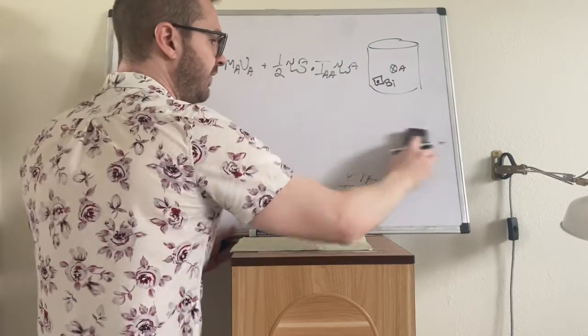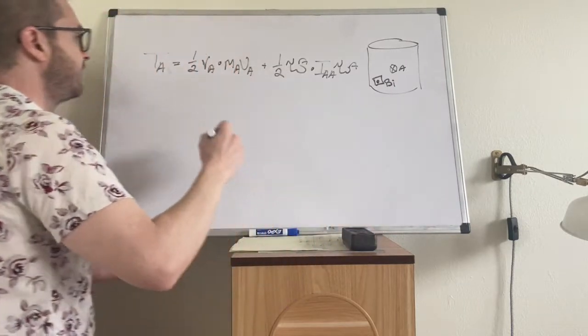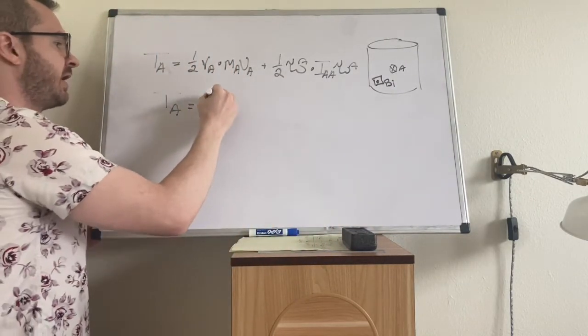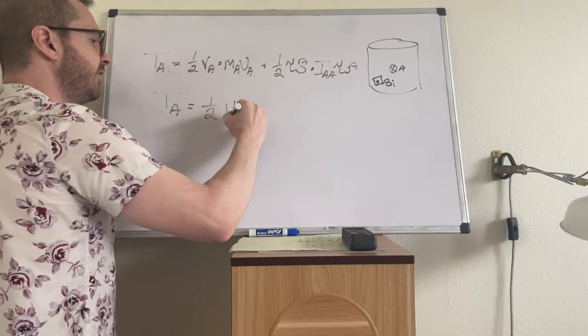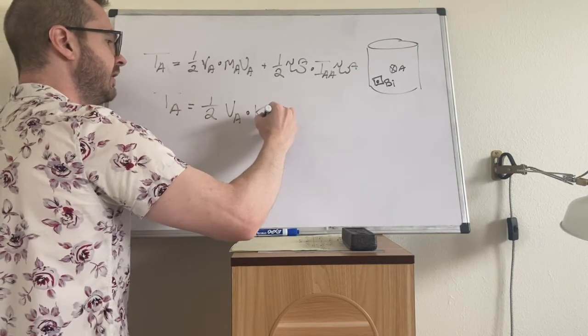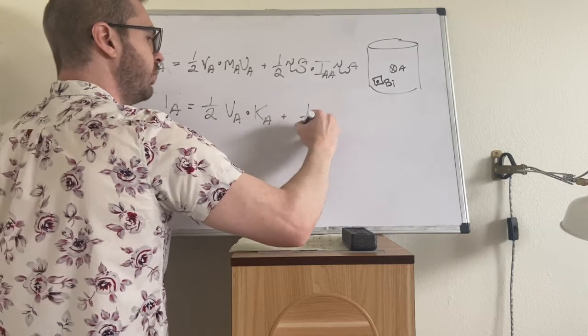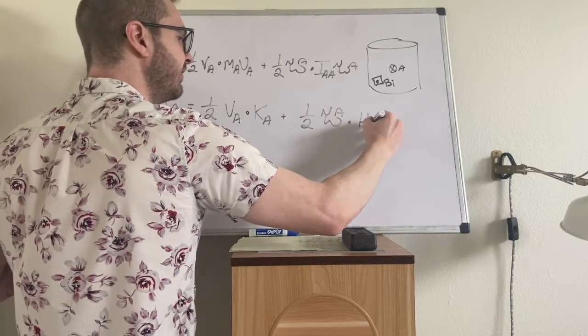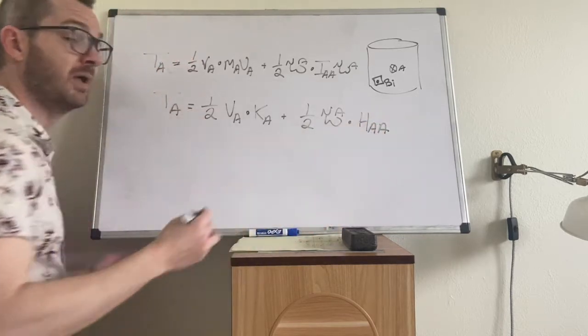And we can rewrite this if we want to. We could say the kinetic energy of a rigid body is 1/2 its velocity dotted with its linear momentum plus 1/2 its angular velocity dotted with its angular momentum.